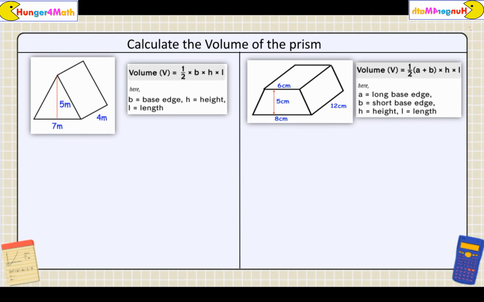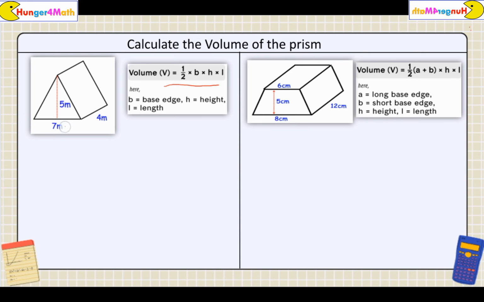Here we have a triangular prism with a dimension of 7 meter, 5 meter, and 4 meter. And the formula for the volume of a triangular prism is volume is equal to 1/2 times base times height times the length. Now let's label the given.